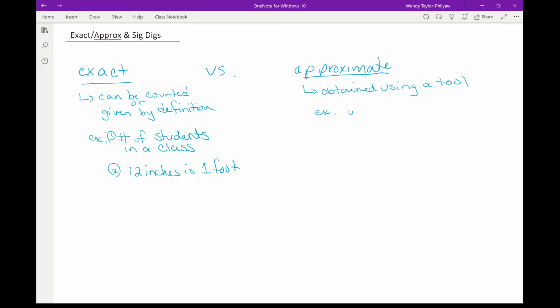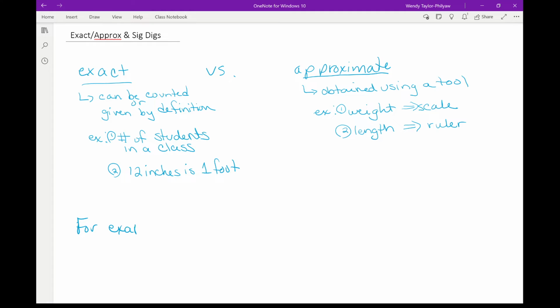Examples of that would be the weight of an object, where we would have to use a scale to get that weight, or the length of an object, where we would use a tape measure or ruler to get that length. So that's the difference in what we're calling exact numbers versus approximate numbers.